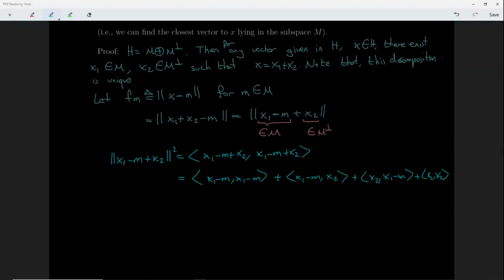All right, so what can you tell about these terms that appeared in the middle, these cross terms? We are computing the inner product of vectors. One is in our subspace M, the other one is in M orthogonal complement. So that thing is equal to 0, and that is 0 as well, right?